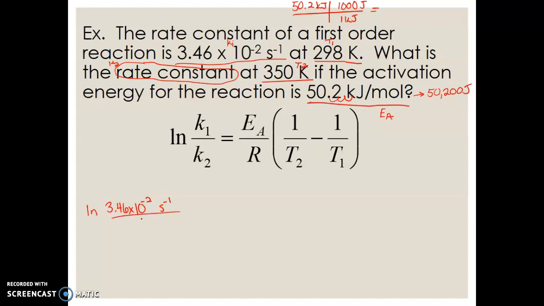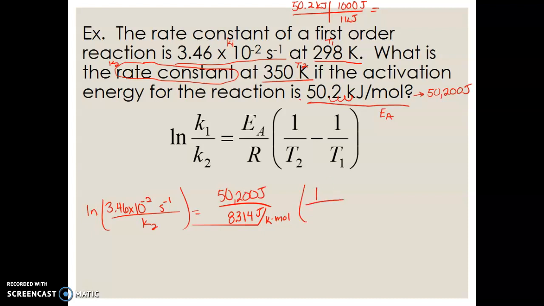So the natural log of K1 is 3.46 times 10 to the negative second s to the negative first. We do not know K2, so we're going to leave that there, is equal to our activation energy, which we found to be 50,200 joules, and our R is 8.314 joules divided by Kelvin times moles, times 1 over T2, which is 350, minus 1 over 298.